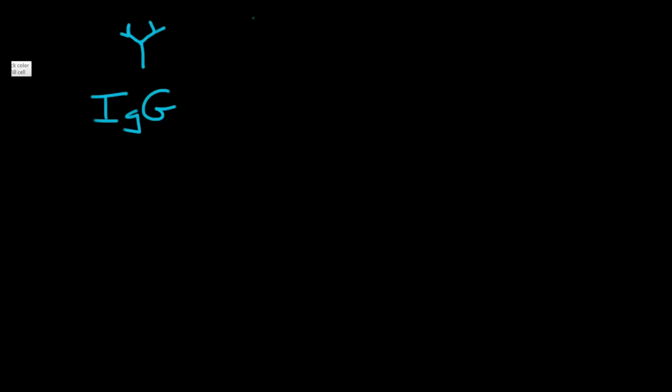So there's IgG, there is IgM, there is IgE, there is IgD, and there's IgA. Each of these has a slightly different shape, and they have a slightly different function.